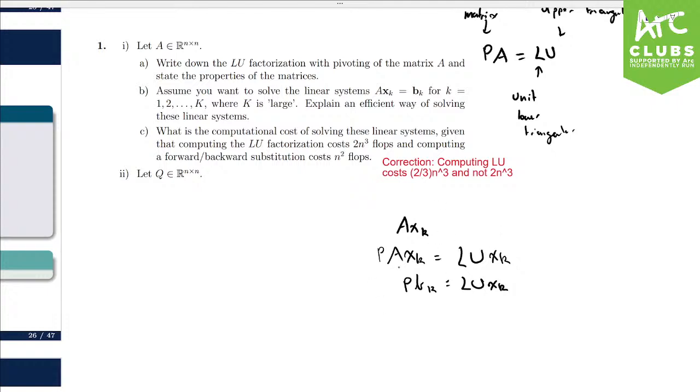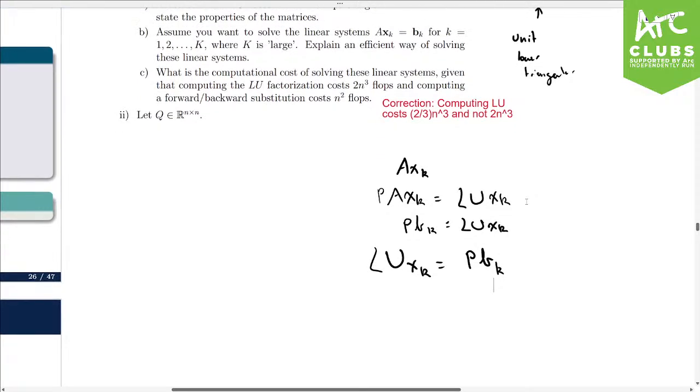And here we use A x_k is equal to b_k to bring b_k back into this equation. Then what we have is just a linear system with triangular matrices that we can solve.